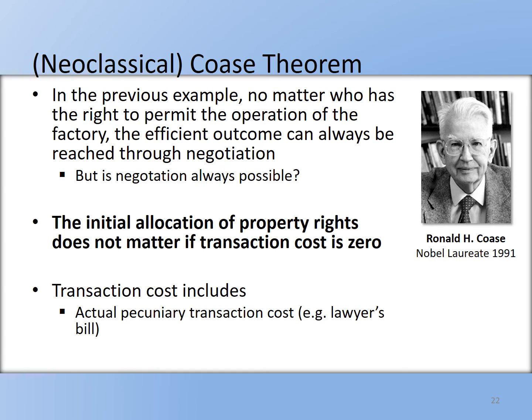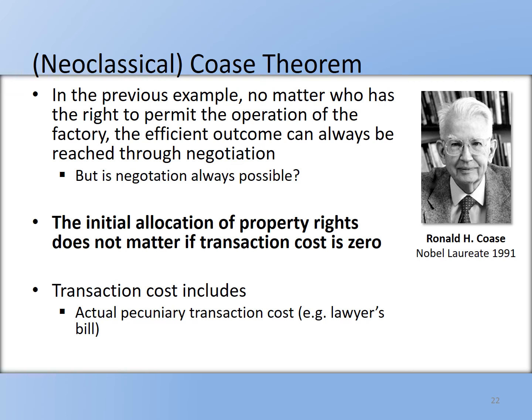Transaction cost includes the actual cost of negotiation. For example, if we need to negotiate between lawyers, then it's going to be expensive. Let's say I cause you $50 of harm. You're not going to hire a lawyer to sue me for $50, right? The lawyer would charge you at least $1,000 for an hour. Writing a letter would cost you $1,000.